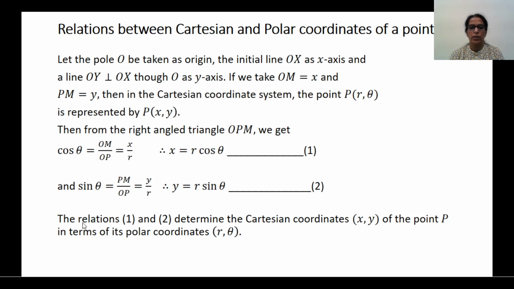So the relations 1 and 2 determine the Cartesian coordinates of the point P in terms of the polar coordinates. These two are the Cartesian coordinates and these two are the polar coordinates. 1 and 2 represent Cartesian coordinates in terms of polar coordinates.